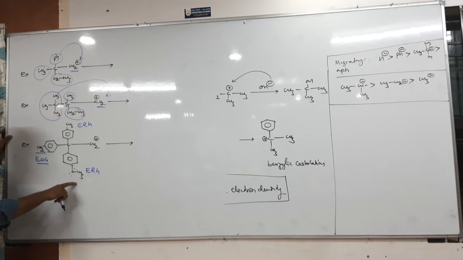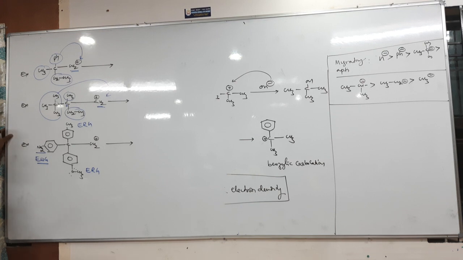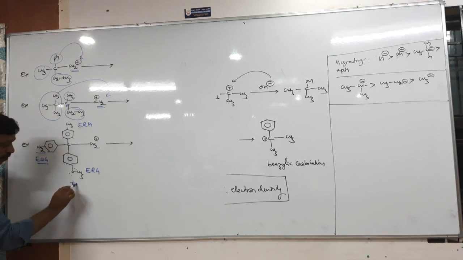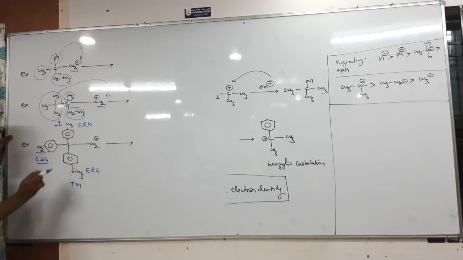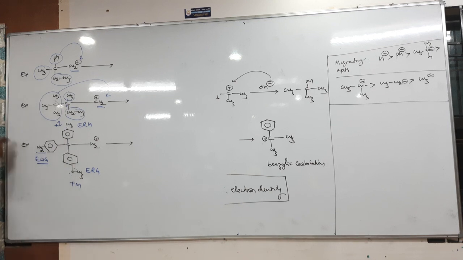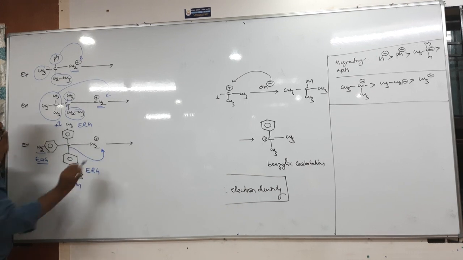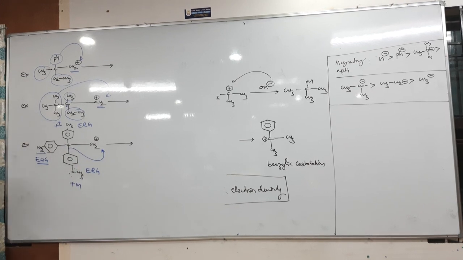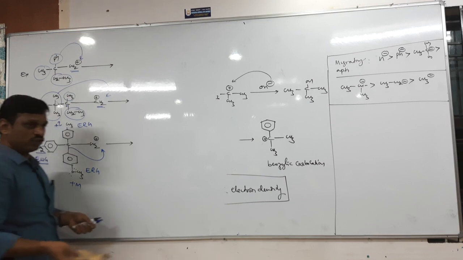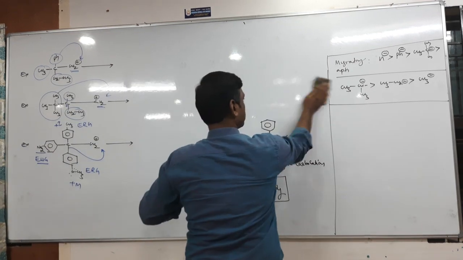Either methoxy or methyl. Methoxy, because it is a plus M effect, this is a plus I effect. So the plus M effect dominates the plus I effect. Yes or no? This is a plus M group, it is a plus I group. Therefore this one will migrate. Right? So this is the migration of different groups.